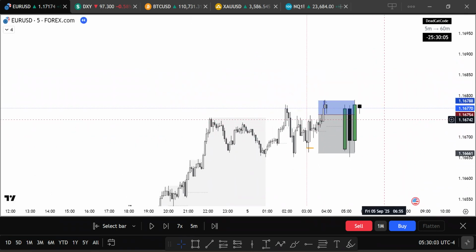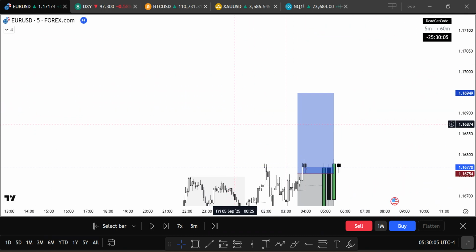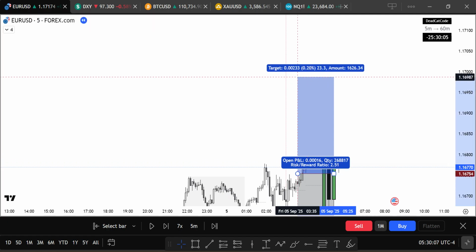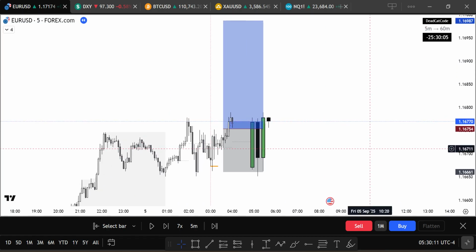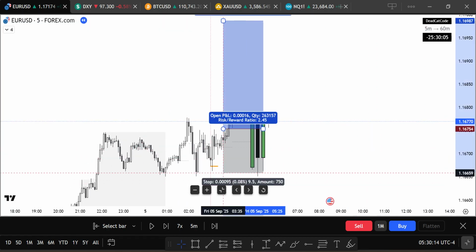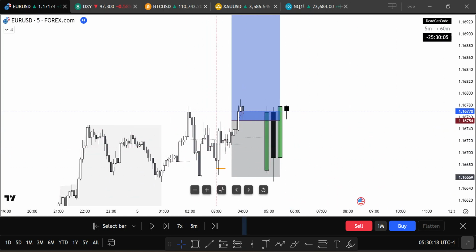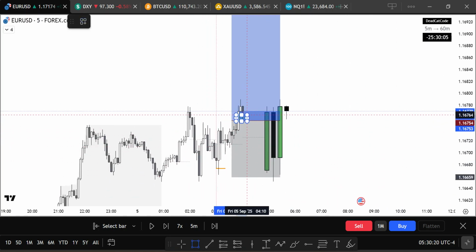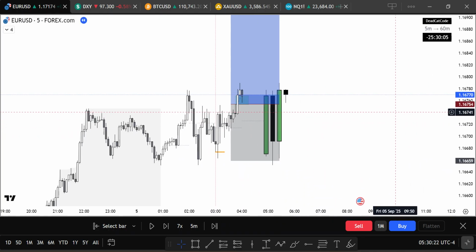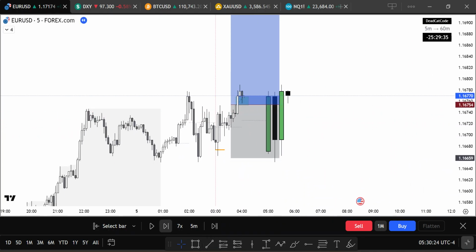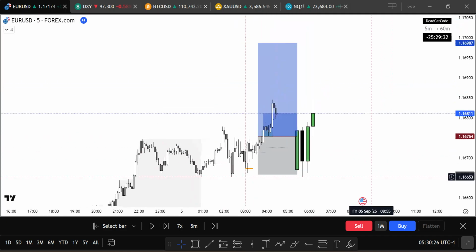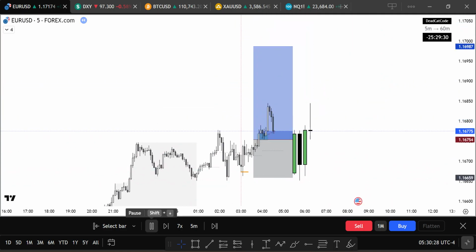If I had decided to take a trade, maybe I would have taken it like this. I would just trail my SL below this low, maybe the protected low, and every candle is just respecting. You can see price went down, respected this FVG, and you can see price just keeps going up.